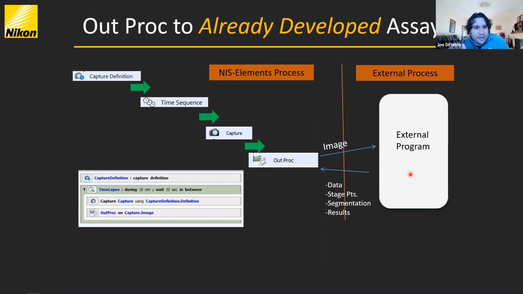I just wanted to throw that in at the end because it's interesting. If there's something that you can do in another program that isn't in Elements, you might be able to still work that into the job, which is pretty cool.